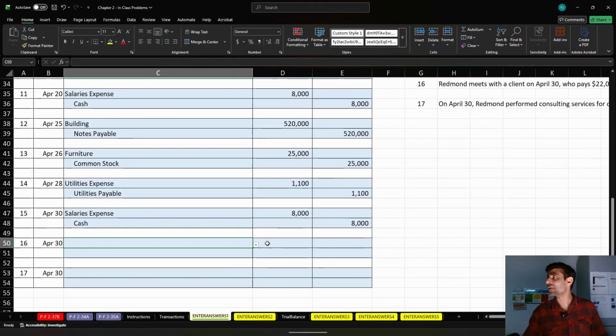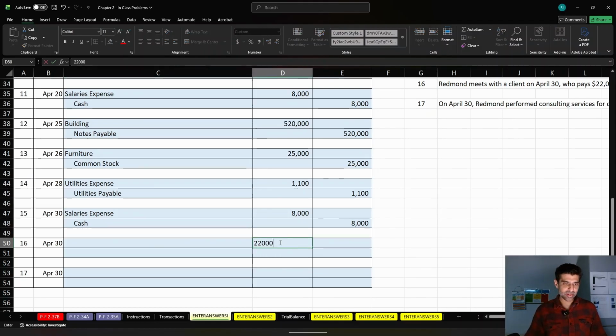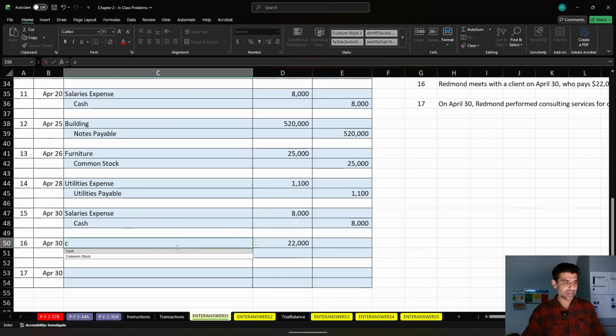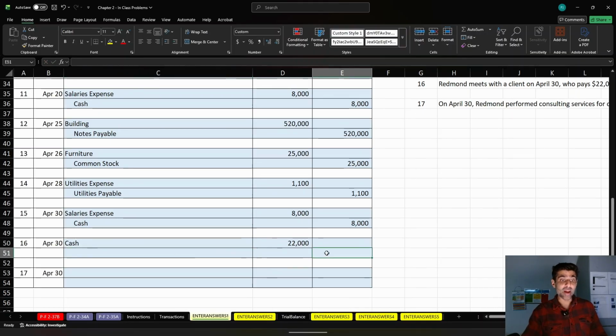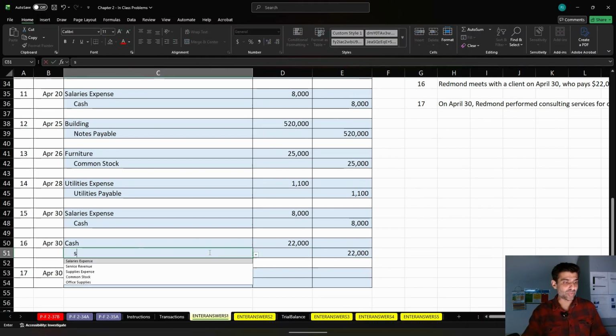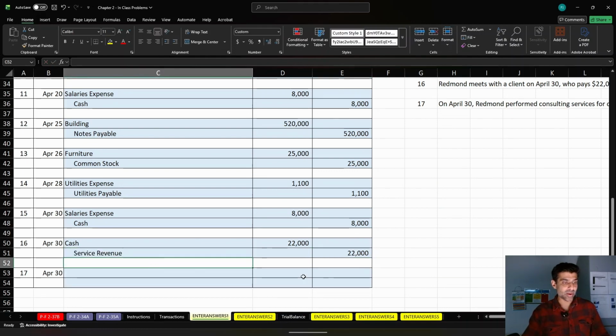Is that going to be a debit or credit? Debit, right. So 22,000, we're going to debit cash. Now, if we had done something, we would have earned revenue, so we would have credited 22,000 to service revenue.